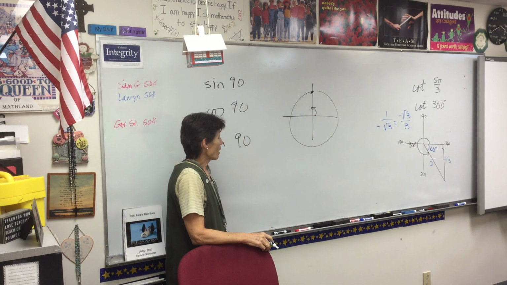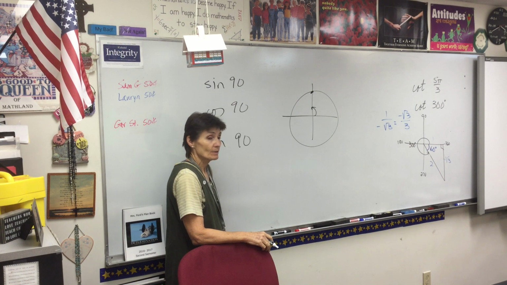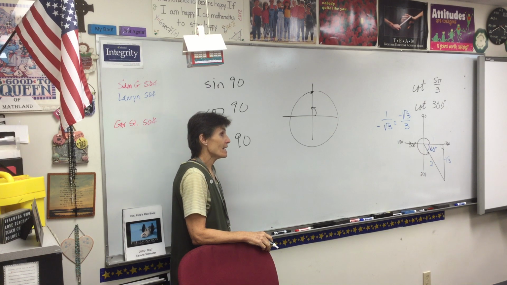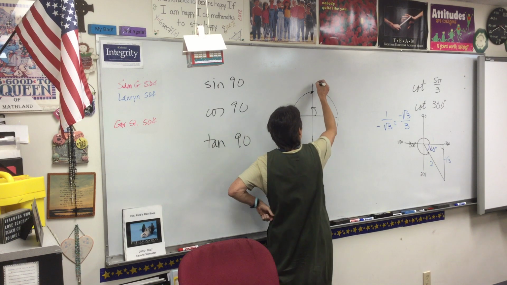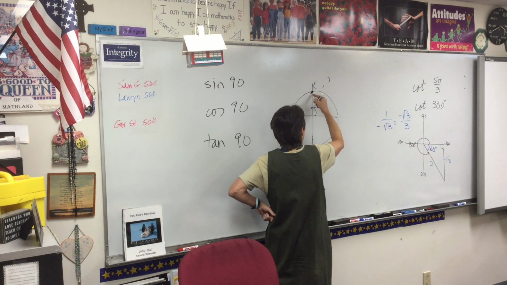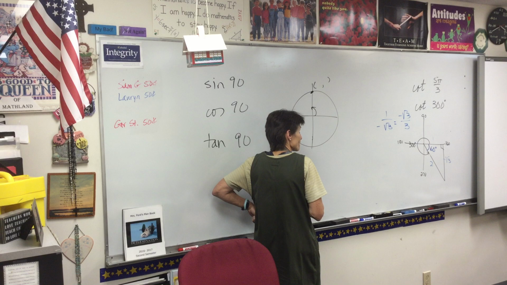Can you make a triangle when your angle is on an axis? No. So instead, we're going to figure out what the coordinates of this point are.